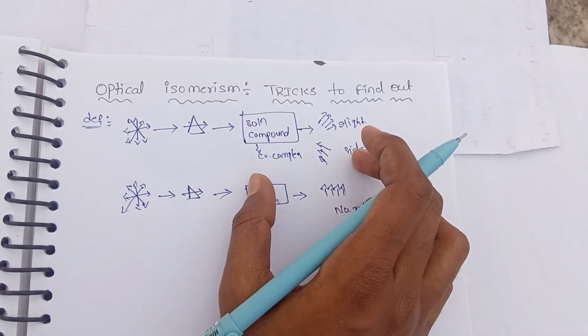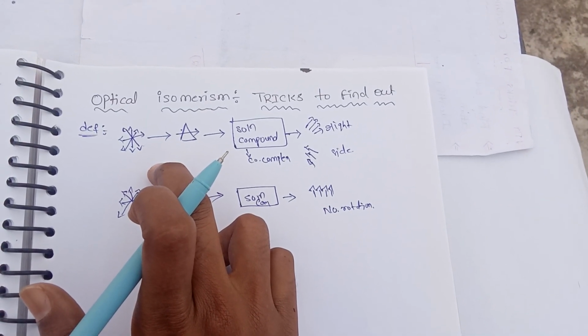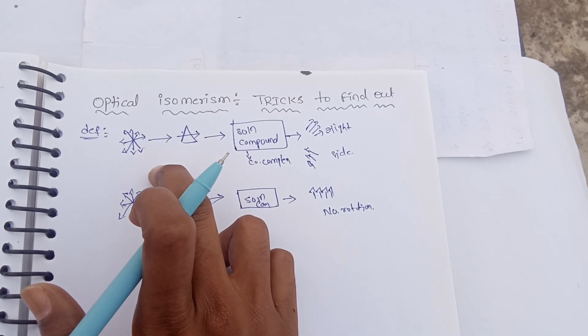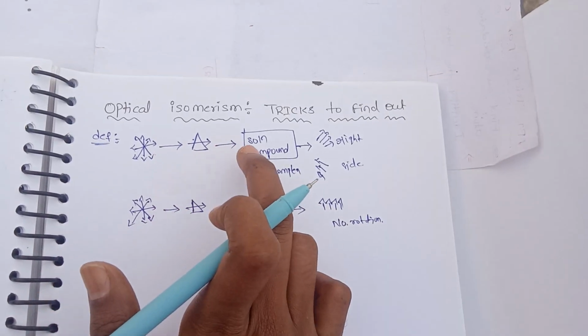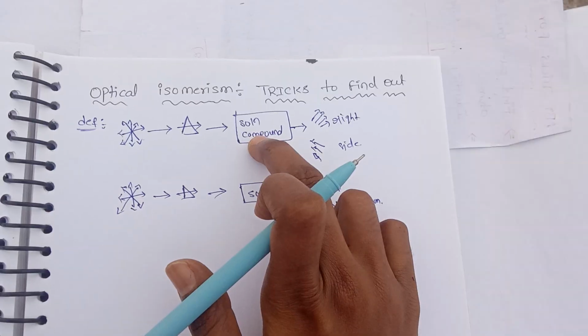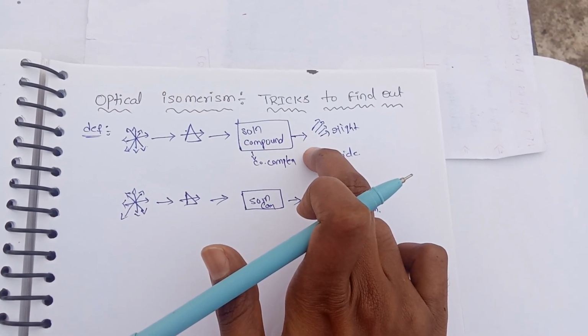So now coming to the example, when plane polarized light passes through the solution compound, then it rotates the plane polarized light, which is said to be optically active.